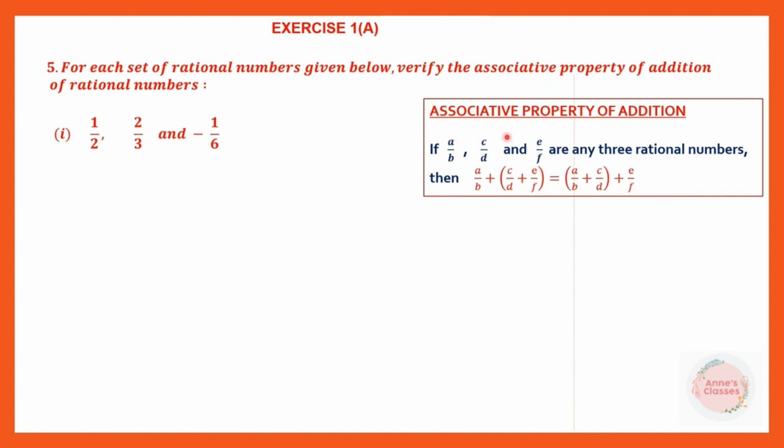Now this is the associative property of addition of rational numbers. That is, if you have three rational numbers like this, you can group them in different ways and the answer will still be the same.